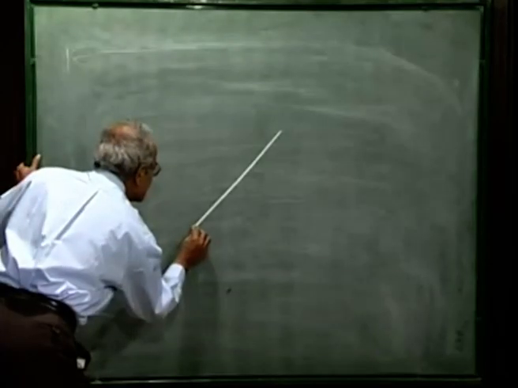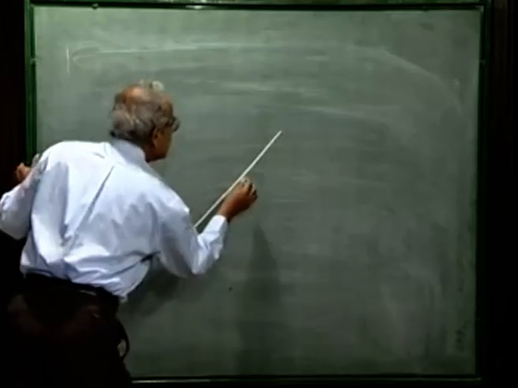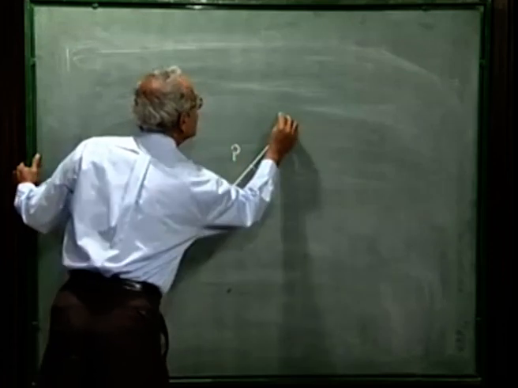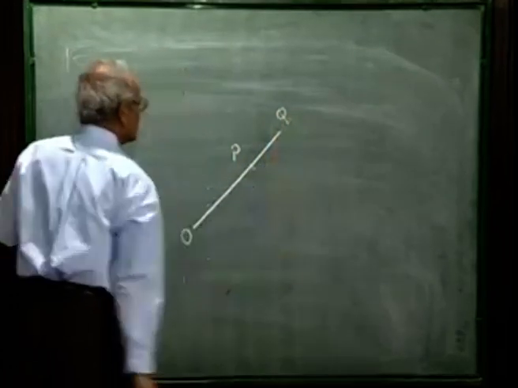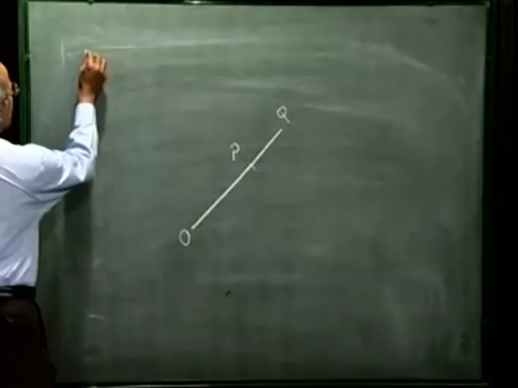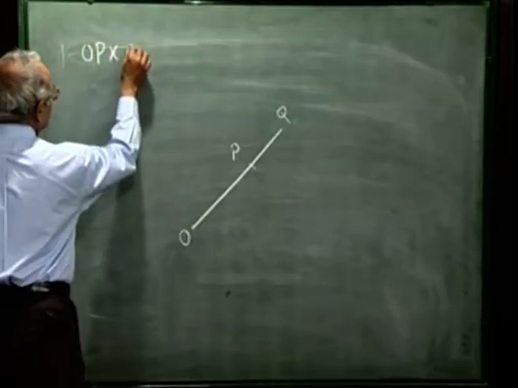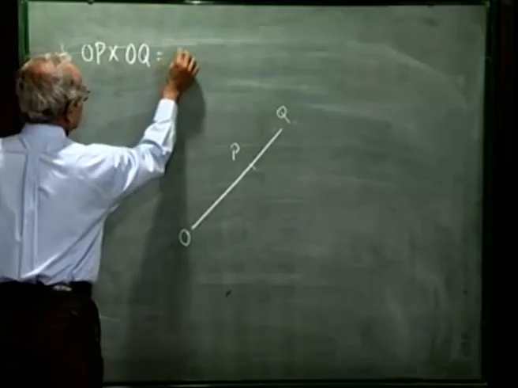Let us now prove this special case of inversion, that is, 2 points P and Q, say, pass through this fixed point O. This is the point P and this is the point Q, and we have OP into OQ is constant.